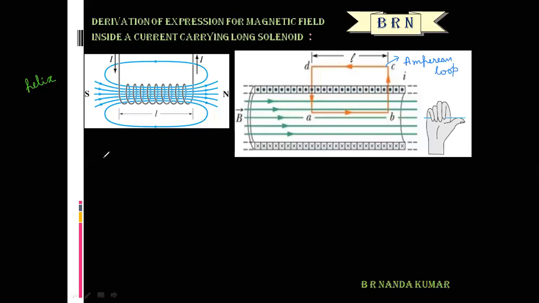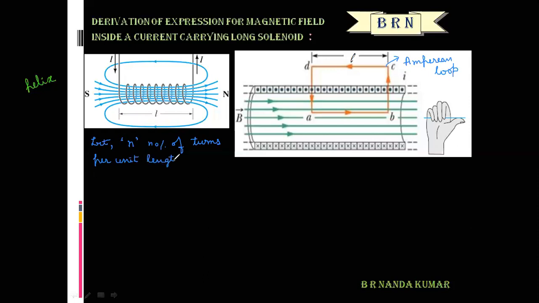Okay, so first here, let us consider small n. What is the meaning of small n? Small n means number of turns per unit length.